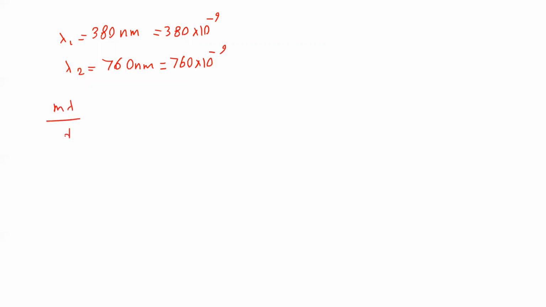We know lambda 1, as the question said, is 380 nanometer for violet, and lambda 2, for red, is 760 nanometer. We need to convert those to meters, times 10 to the power minus 9. And again, I use the formula m lambda equals d delta y over L. Why am I using that?